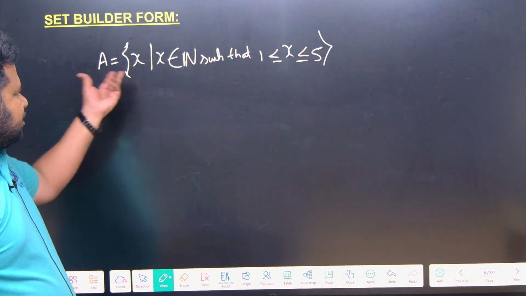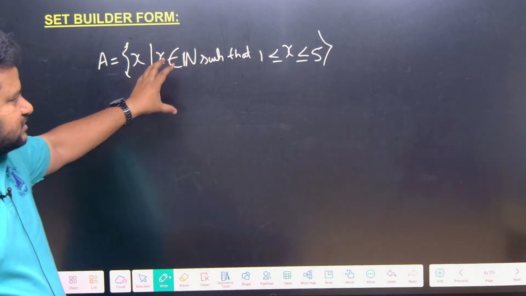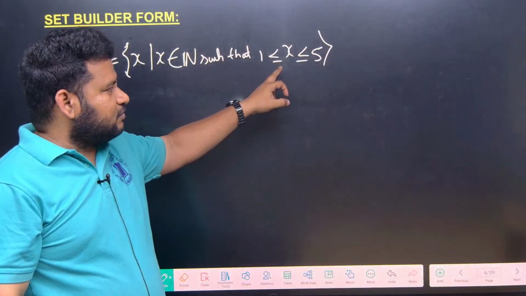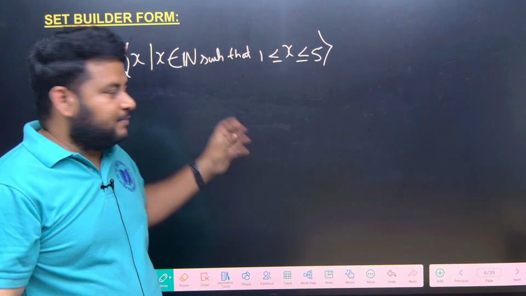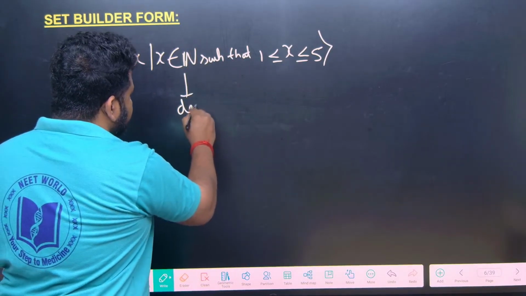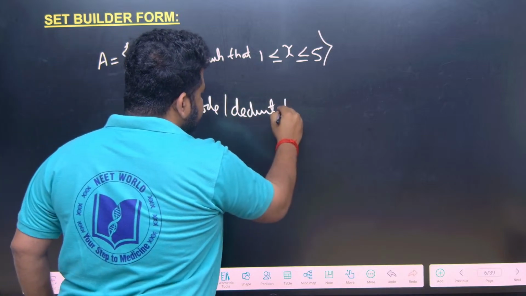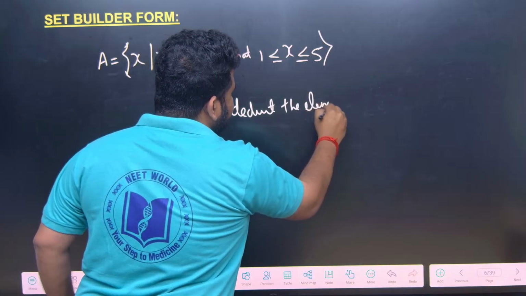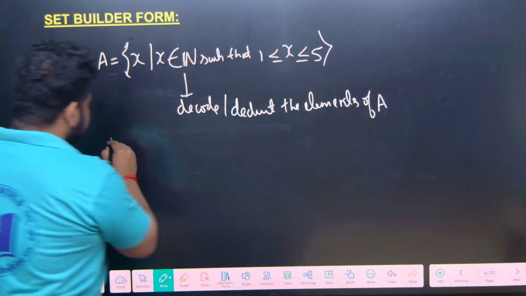So A is a set of X where X belongs to natural numbers such that X is greater than or equal to 1 but less than or equal to 5. Based on this you can definitely decode the set, but directly the elements are not present. From here you have to decode or deduct the elements of set A. So A can be written as what?